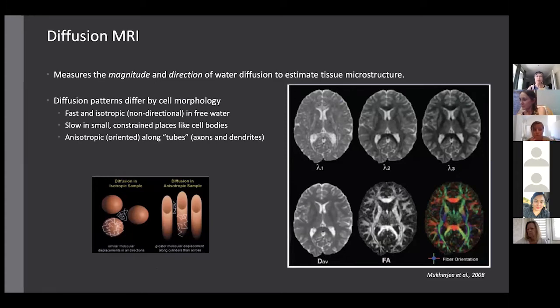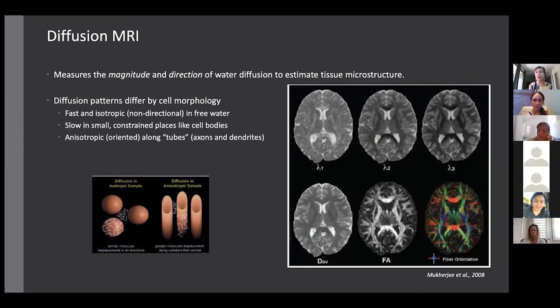For example, in free water spaces such as the cerebrospinal fluid, or CSF, water will diffuse very quickly and in all different directions, or in an isotropic manner. Conversely, in small constrained spaces like in cell bodies, diffusion will be very restricted and will occur on slow timescales.